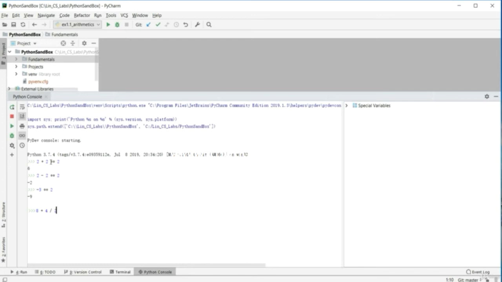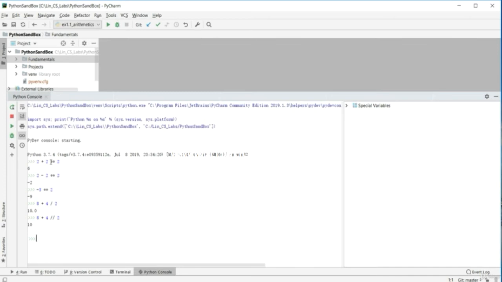So this time it will do the division first. 4 divided by 2 is 2, plus 8, then shall be 10. Correct. The same thing with floor division. If you remember, the floor division takes the integer part of the quotient. Now, 4 divided by 2 is 2, and then plus 8 is 10.